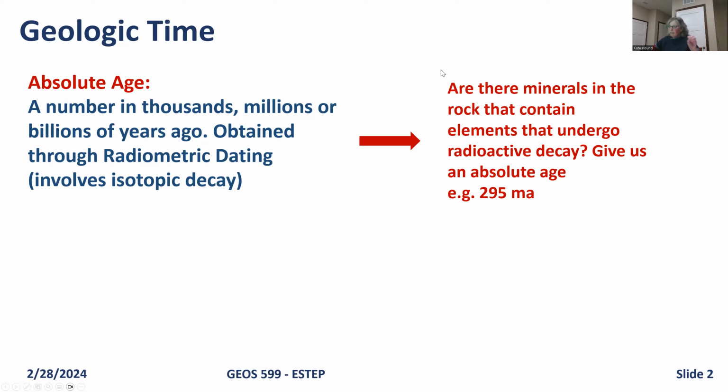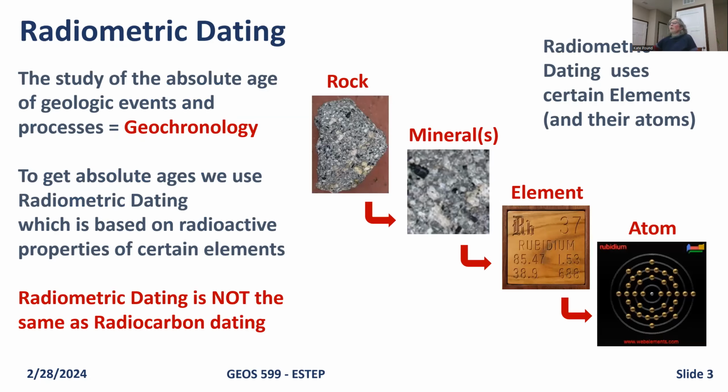There are a bunch of complications that involve whether or not they've been melted and remelted, but we're going to just treat it as being a simple story for the moment. So, the study of geologic time and absolute age is called geochronology.